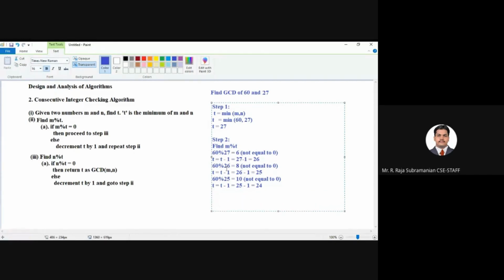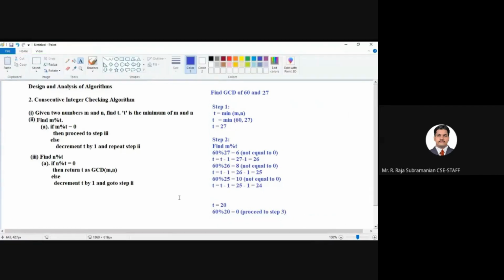Then when t reaches 20, 60 mod 20 is equal to 0. So I proceed to step 3. From 24 it reached 20 and I got the result. Now I'll proceed.